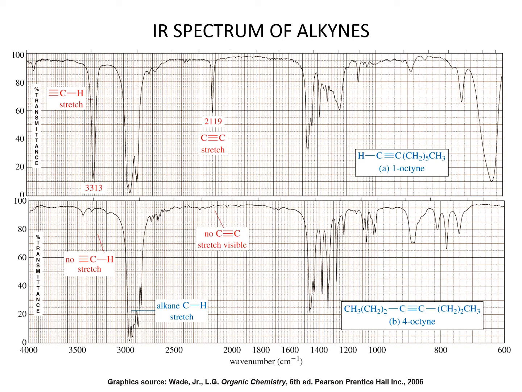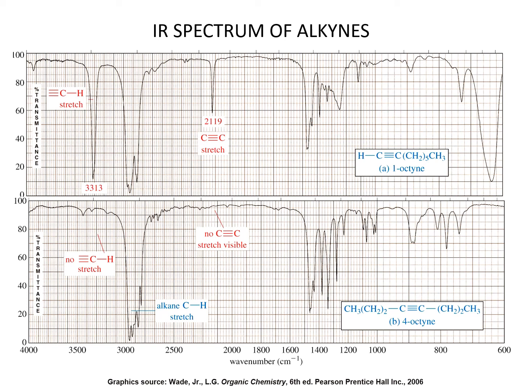If you notice right off the bat, on the top for your terminal alkyne, around 2120 is the stretch for your carbon-carbon triple bond, and it's fairly weak, but it's sharp, so it's very specific. And then you also see around 3,300 the carbon-hydrogen stretch associated with the triple bond. That is a very sharp peak. It tells you very distinctly that you have a triple bond, and it is terminal.